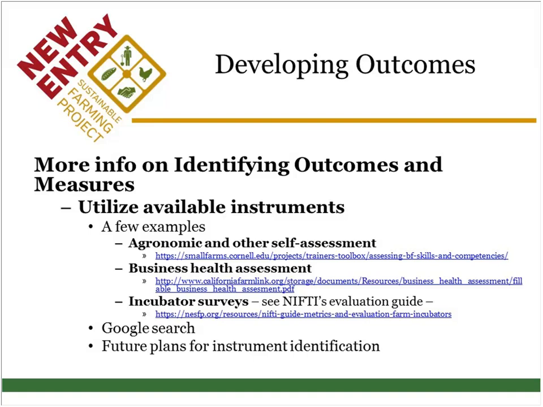The business health assessments listed here, as well as the Small Farm website at Cornell University, has a list of a few other instruments that other organizations have used. Additionally, New Entry's Nifty Evaluation Guide has several evaluation instruments located in the back in the appendix that are examples to work from. Of course, there's always the Google search.